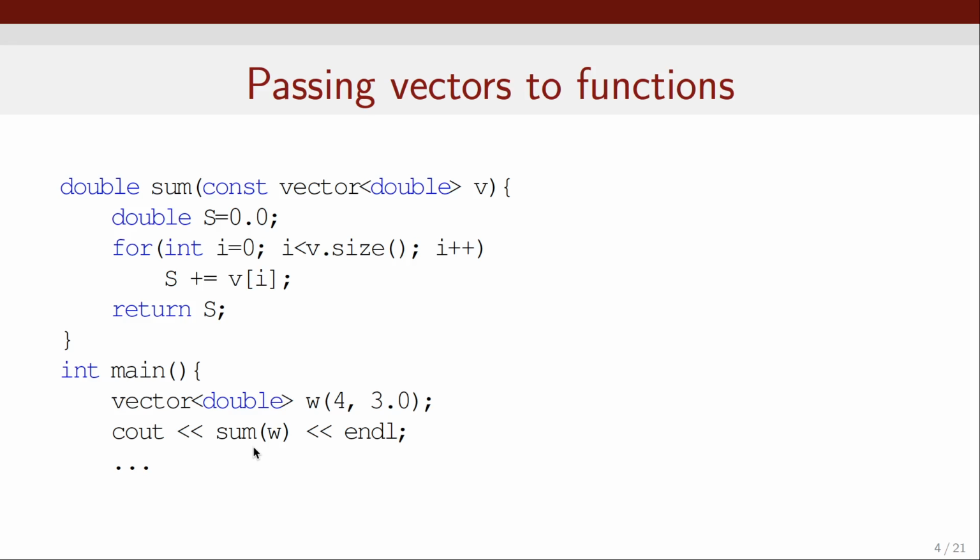Now, essentially what happens is we have a vector w stored in memory, and when we are passing that vector to the function sum, the program is making a copy of that vector inside the function and stores it at a different part of the computer's memory, and then is using that copy to make computations inside the function.